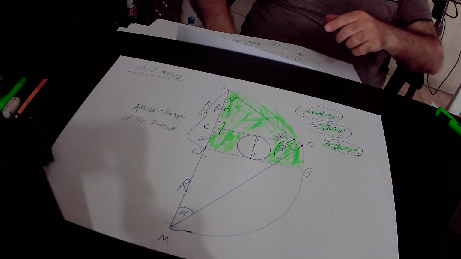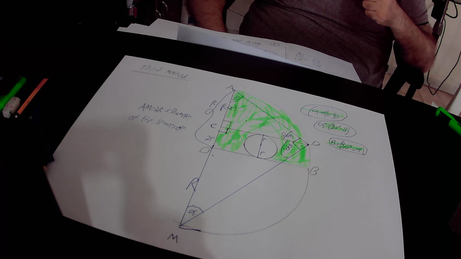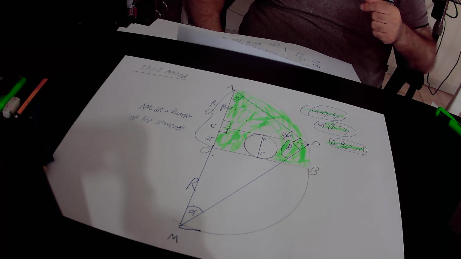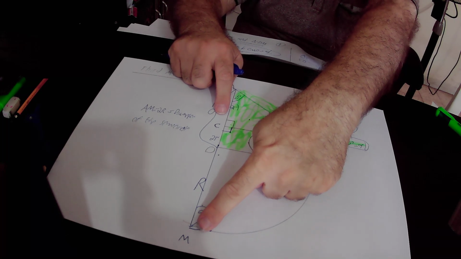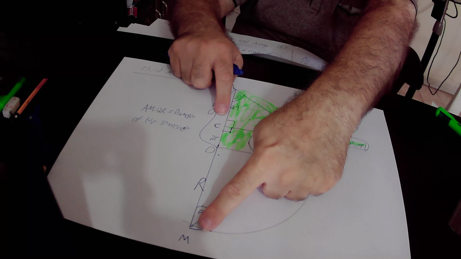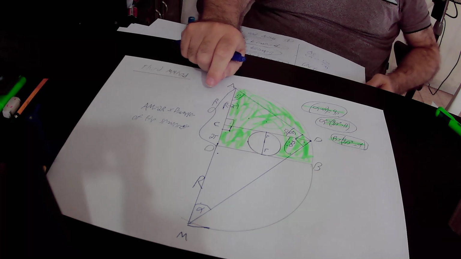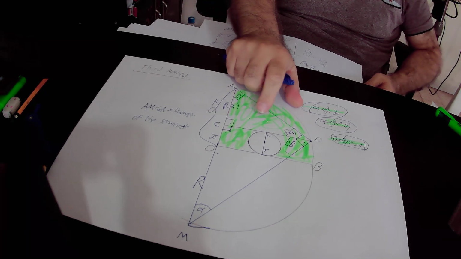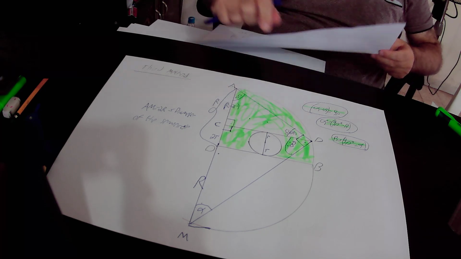What is the value of AC? AC equals capital R minus 2r. So substitute AC by capital R minus 2r. What is the value of CM? CM equals 2r plus capital R. So substitute CM by 2r plus capital R. And it is equal to CD times CD. CD equals 8, so CD times CD is 8 squared, that is 64.